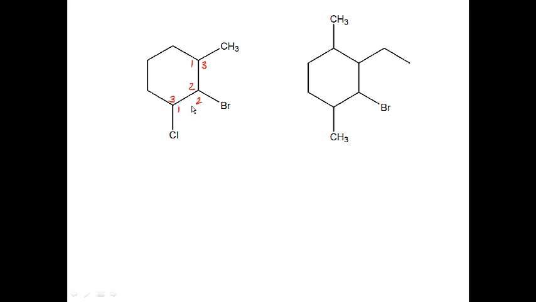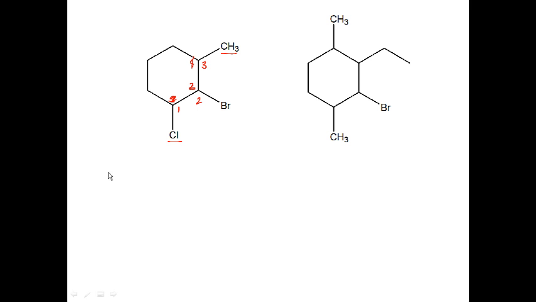That's going to give me the lowest sum of substituent numbers. The choice here is to start numbering at the methyl group or start numbering at the chloro group. What do you think we'll do? We'll start numbering at the chloro group. So I'm going to use that numbering scheme.